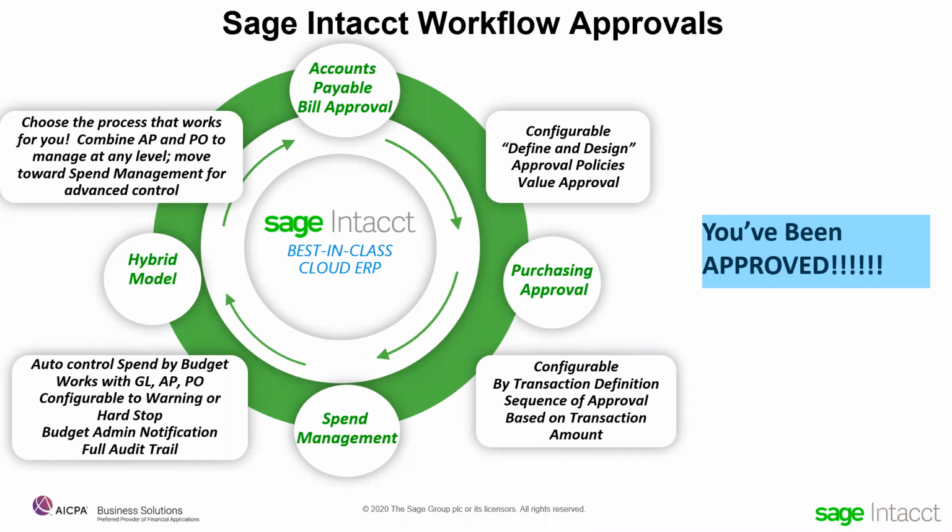And the background to that is at transaction time, we're going to look at some configuration that you've set up around budgeting, and we're going to identify in a spend management window exactly where you are. So we're going to look at your budget, we're going to look at what you've already spent, and then we're going to do the math to see if you have enough money in the budget to make this purchase.